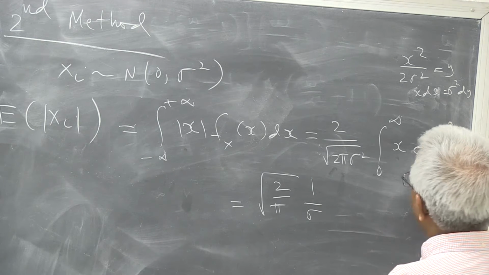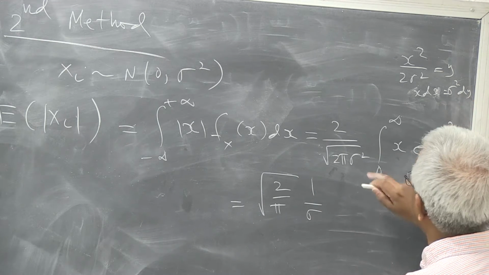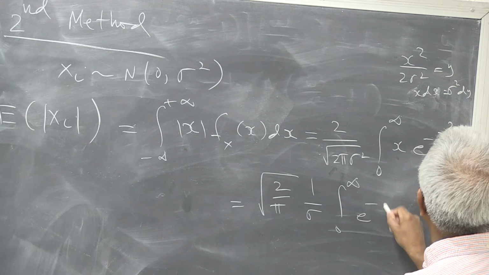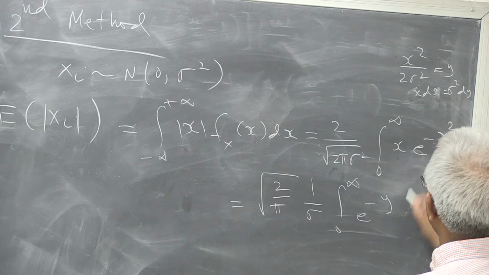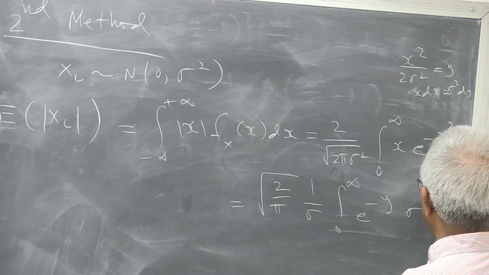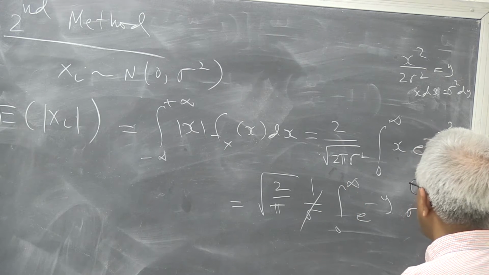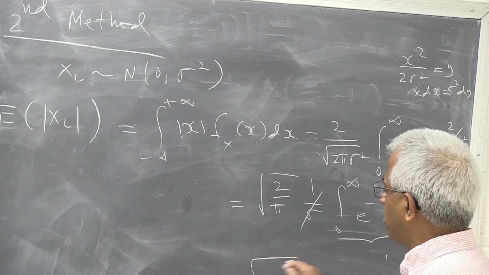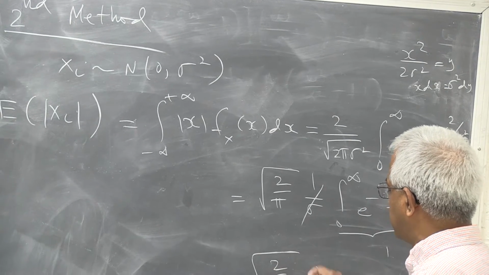And we also have sigma squared, so integral from 0 to infinity of e raised to minus y, times sigma squared dy. So one sigma cancels, and this integral is 1. So this is square root of 2 over pi times sigma.